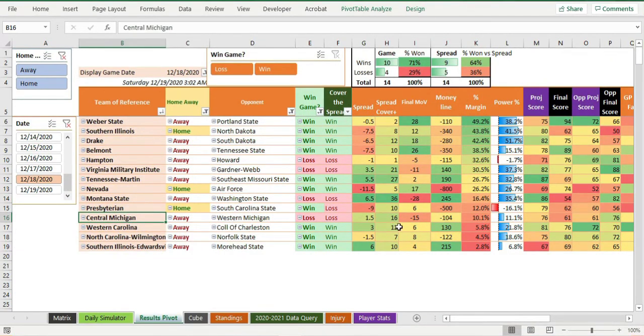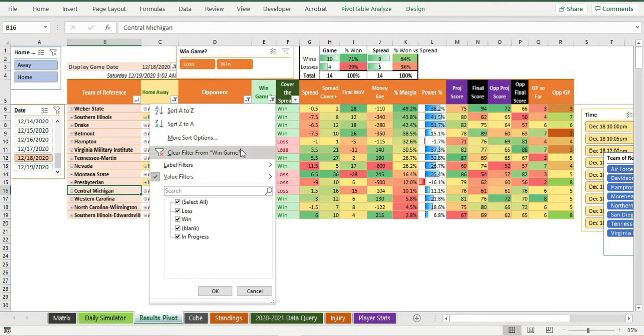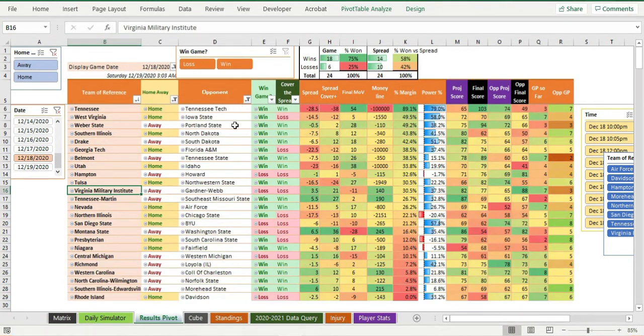It was a 1.5 spread and they lost by 15. So a lot of this other stuff covered. Anyway, so decent day. I won't harp on yesterday because we all want to talk about today, and I'm already 3 minutes in. So let's discuss today then.